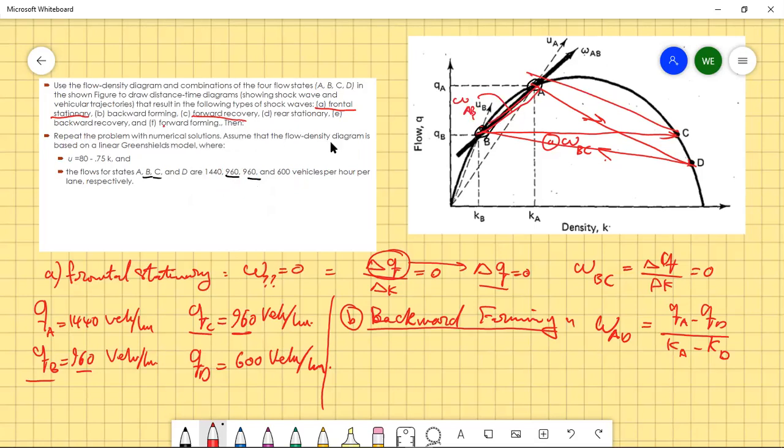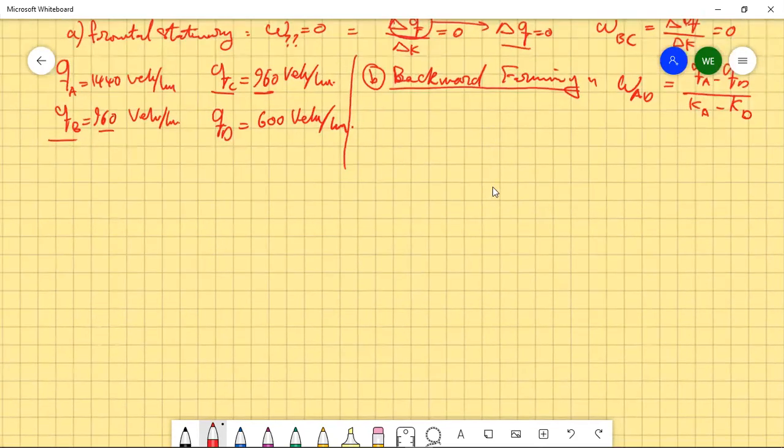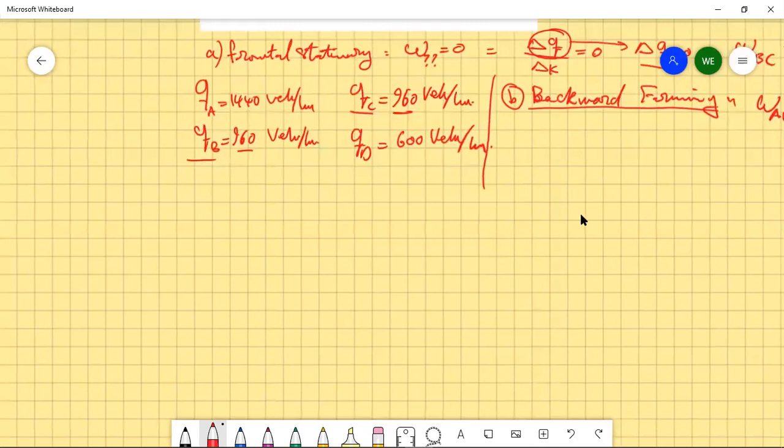Assume that the flow density diagram is based on a linear Greenshields model where U equal 80 minus 0.75 K. So let's now convert this into a flow density diagram.